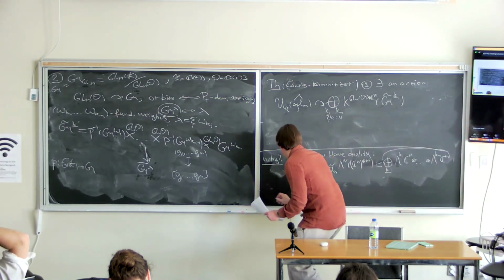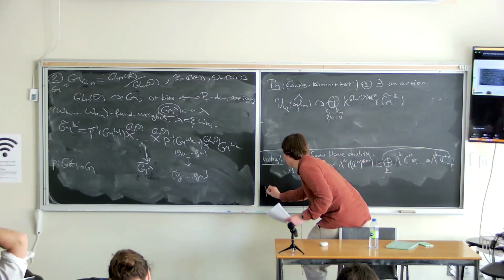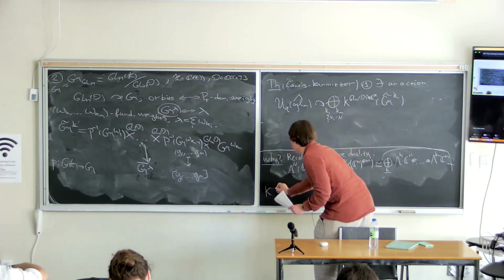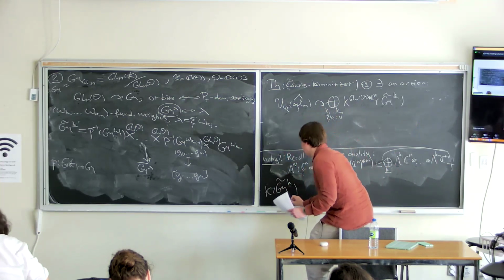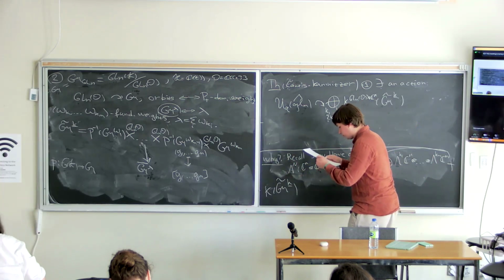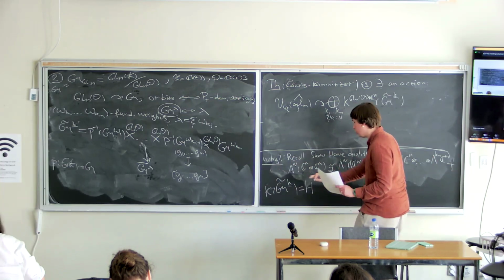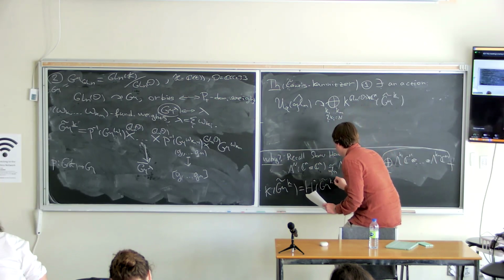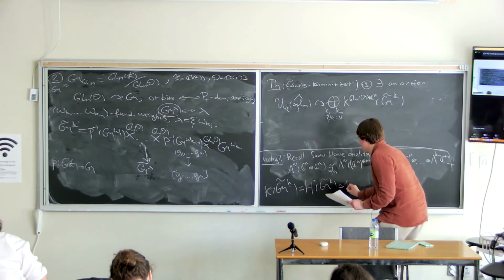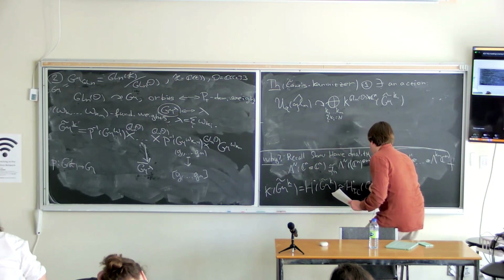So this is one thing, and the other thing is let's consider the non-equivariant K-theory of this variety. One can show that in this case the non-equivariant K-theory of this variety is isomorphic to the cohomology of this space, and also it's smooth, hence it's isomorphic to the intersection cohomology of the same space.